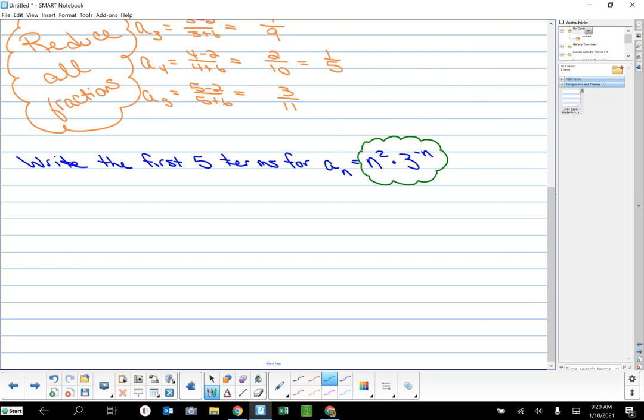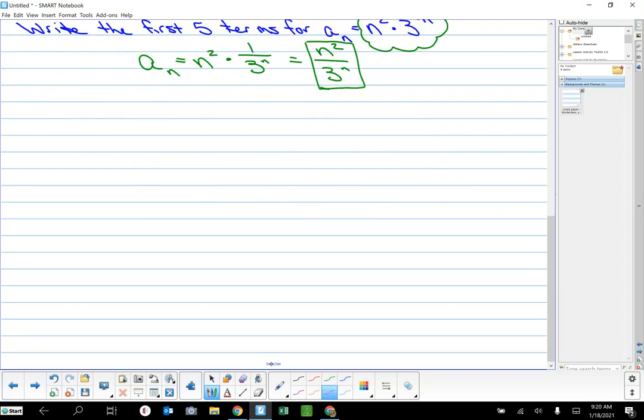I don't like negative exponents ever. So if you don't remember the rule for negative exponents after doing all those logs, shame on you. I would write this as a sub n equals n squared times 1 over 3 to the n, which you can then write as n squared over 3 to the n. And I would make this my nth term going forward.